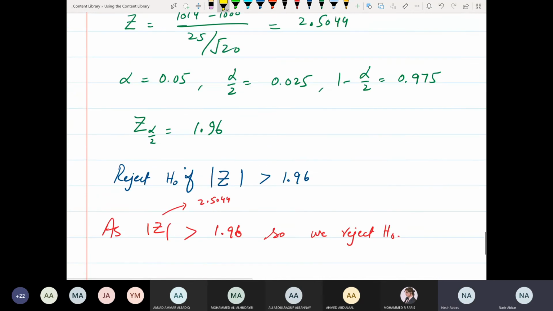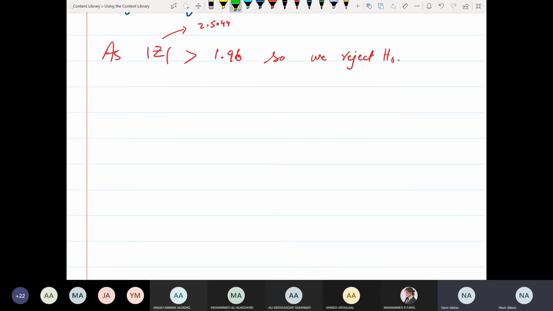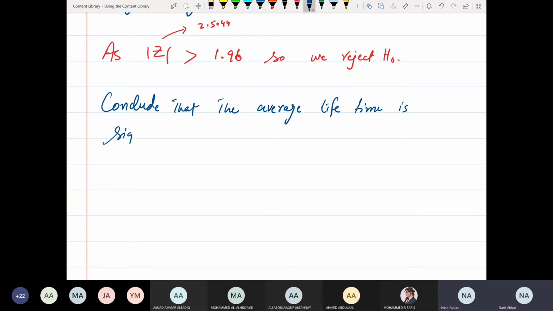Conclude that the average lifetime is significantly different from 1000, or it is not 1000.